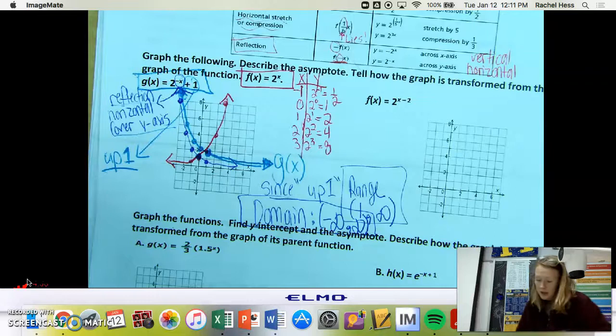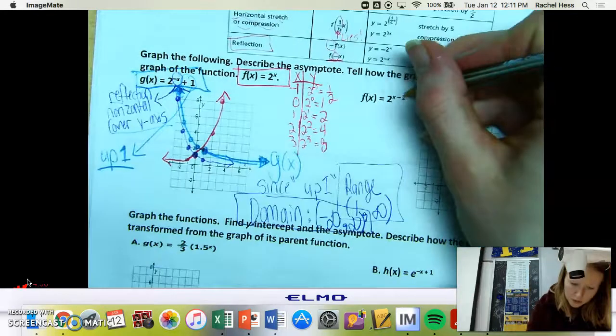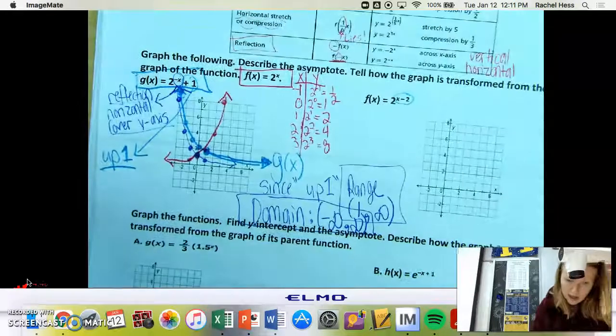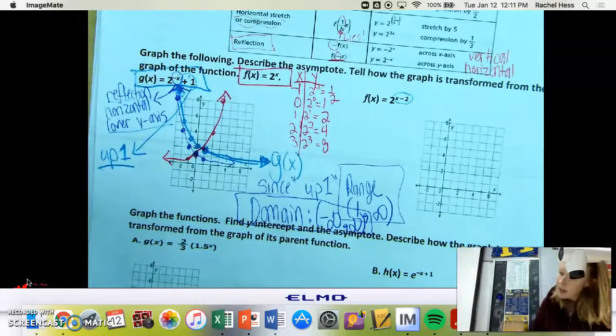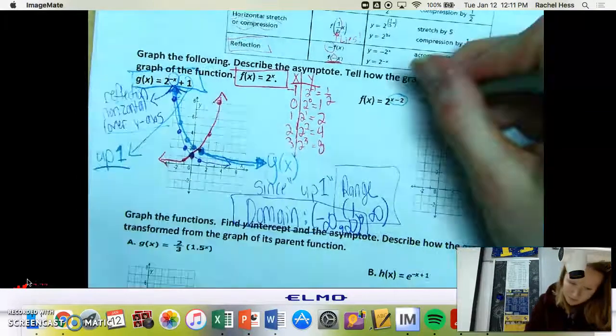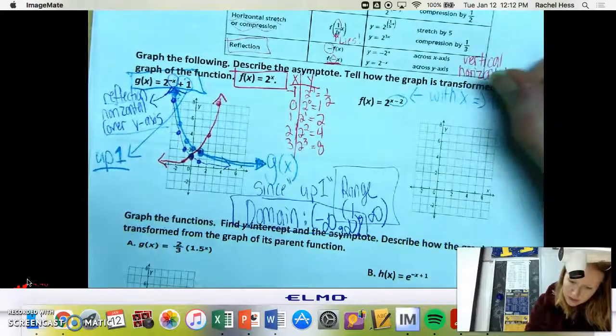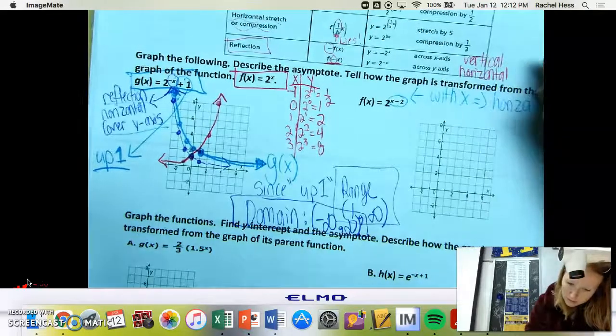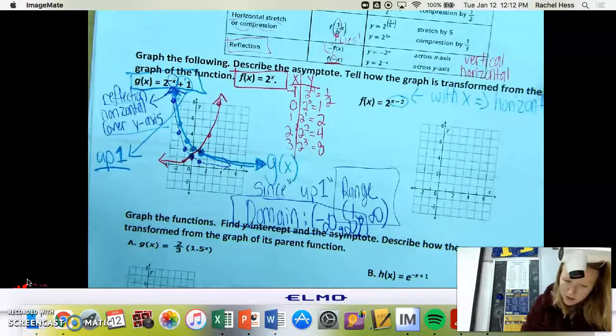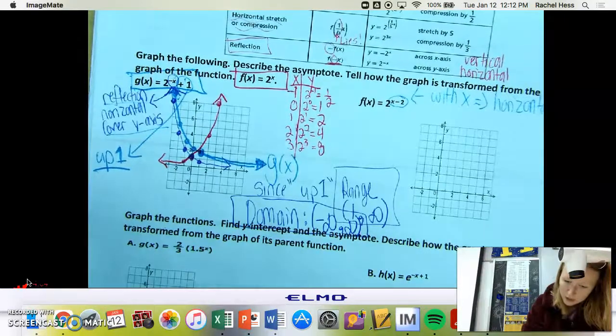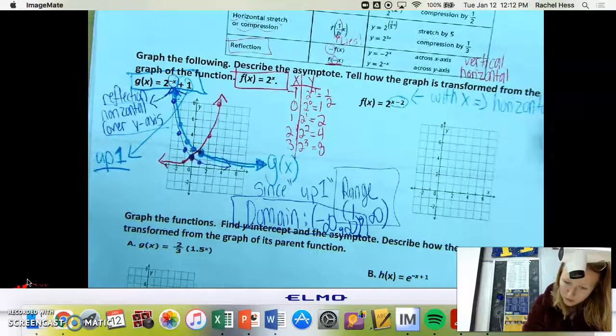This next one, if we look at our transformation, it looks like we have a transformation that's with the x, which means it's got to be horizontal. And then since it lies, a -2 is actually going to move to the right 2.